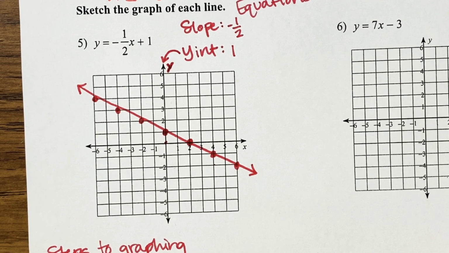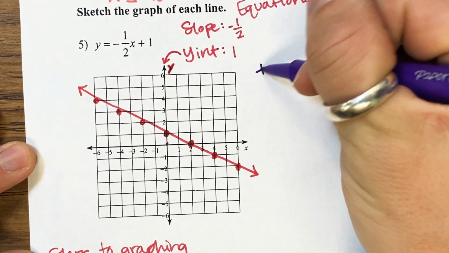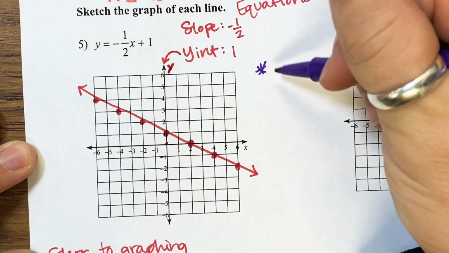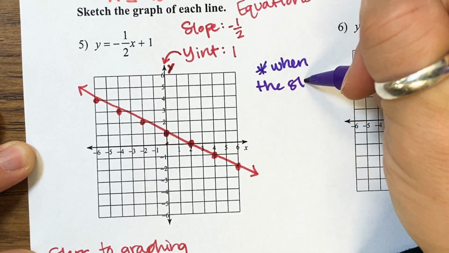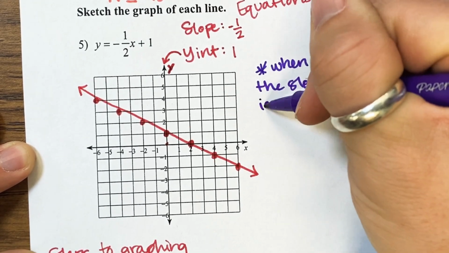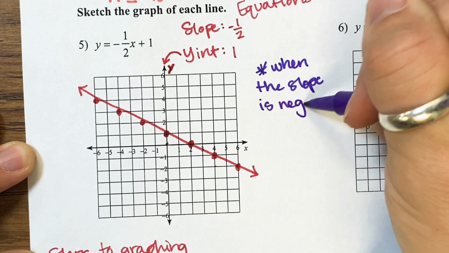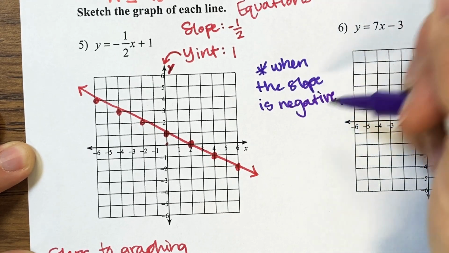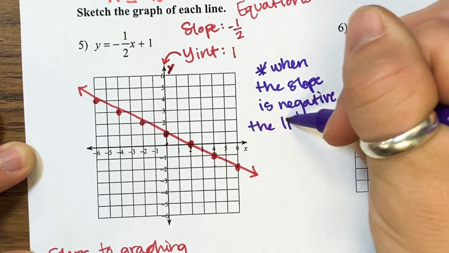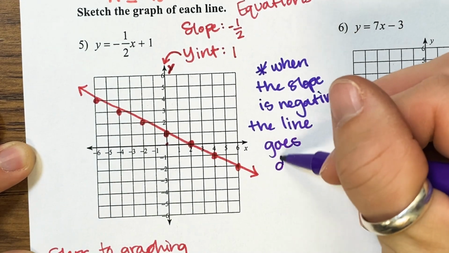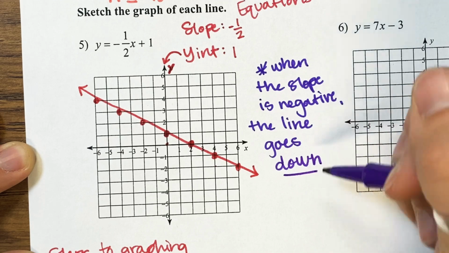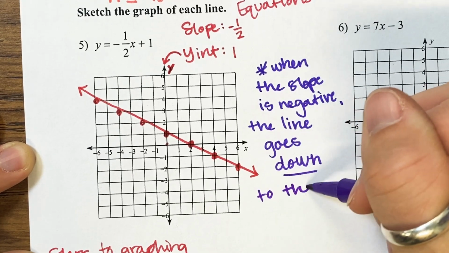Here's another note that I need you to write on your paper. Let's star it. When the slope is negative, the line goes down to the right.